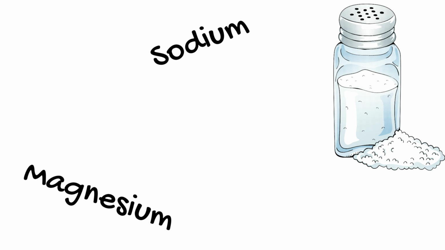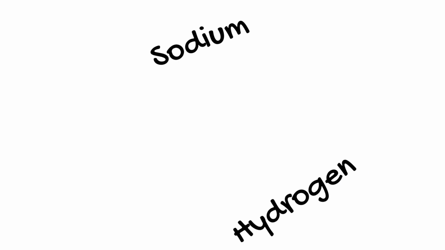We usually denote an atom by the symbol X. Any sodium or magnesium or hydrogen or helium or any element is denoted using the symbol X, and the number of protons present in the atom is denoted by the symbol Z. So it indicates the atomic number.